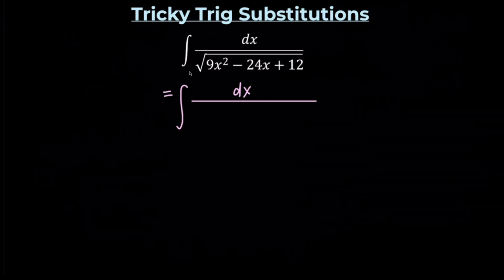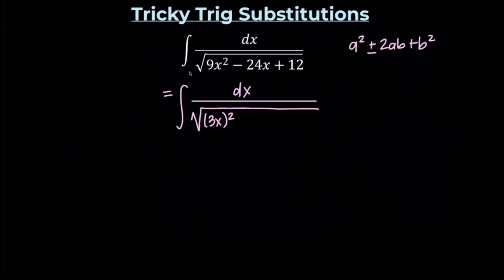Remembering that a perfect square trinomial is of the form a squared plus 2ab plus b squared, or of course it could be minus 2ab plus b squared, either one is going to factor to a perfect square. So underneath the radical, 9x squared can be written as quantity 3x squared.